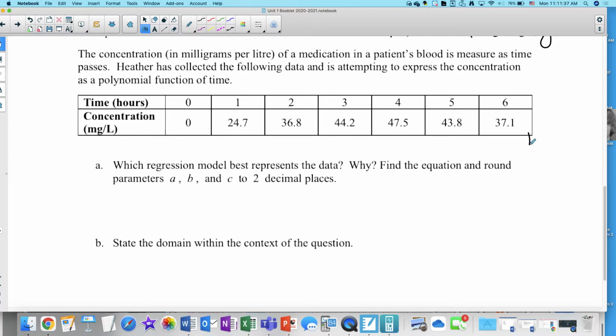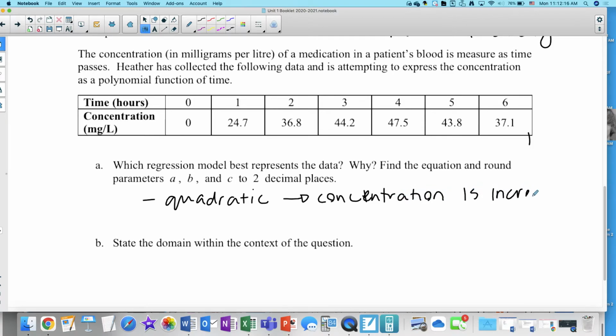So what regression model best represents this data? Quadratic, right? And why? The concentration is increasing for 4 hours, then starts to decrease, right, as the medication is wearing off, okay?